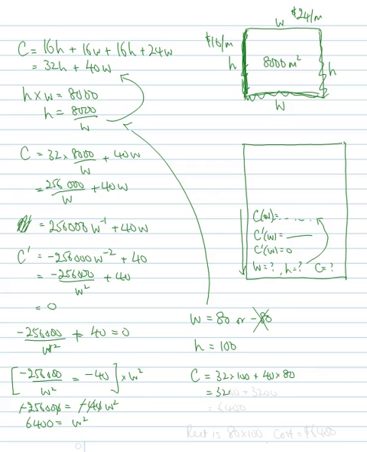Okay, 3200 plus 3200 equals 6400. Okay, and then looking back to what we were actually asked to solve, we had to find the dimensions of the rectangle. So the rectangle is 80 by 100, and the cost is $6400.